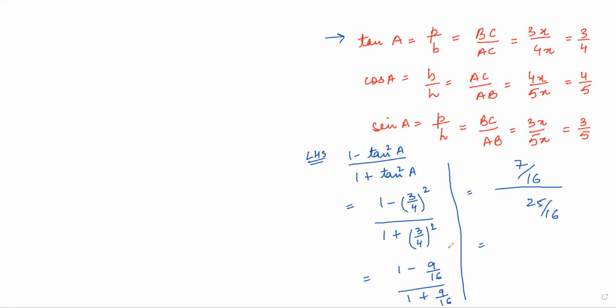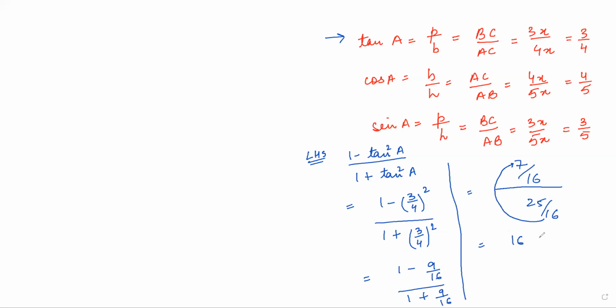Now we can do reciprocal. Yes, okay, so what will I write? 16 by 7 into 25 by 16. No, no, not like this. So, Martin, whenever you have fraction upon fraction, the outer ones are multiplied together and they go in the numerator.